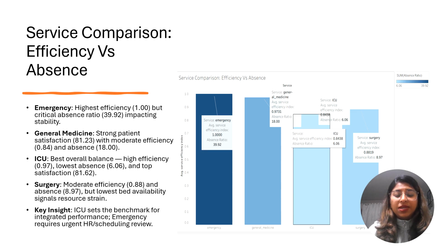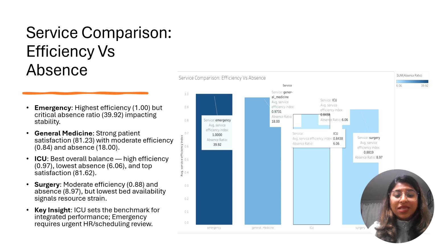Coming to the services comparison regarding efficiency versus absence. This comparison highlights key operational contrasts across services. Emergency shows the highest efficiency, but its critical absence ratio of 39.92 threatens service stability. General medicine stands out for strong patient satisfaction at a rate of 81.23, though its efficiency and absence are moderate.